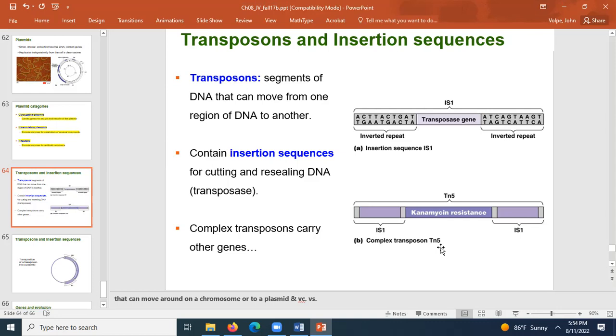A transposon is a piece of DNA that can move from one region of DNA to another. Did you catch that? A transposon is DNA that moves around from one place to another, meaning the DNA moves.